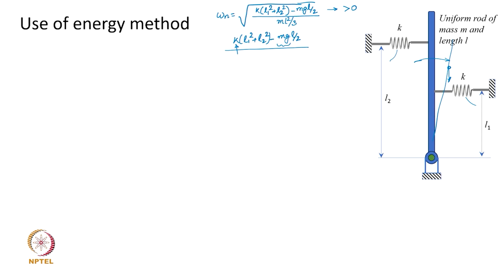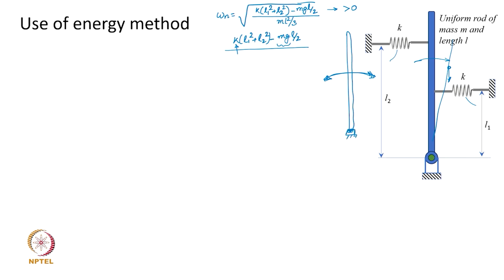Depending upon the relative values, the time period of this swinging motion about the mean vertical equilibrium position will change based on the relative values of k and the mass of the bar. But it will oscillate about this hinge, that is for sure.